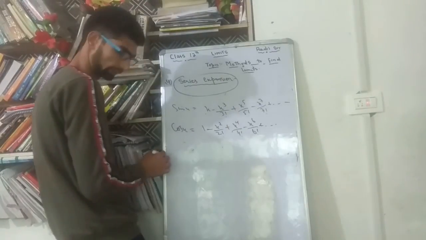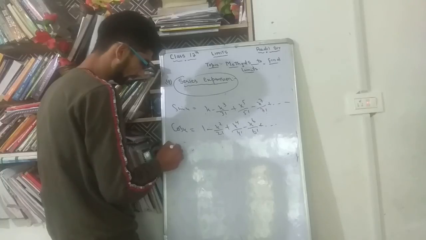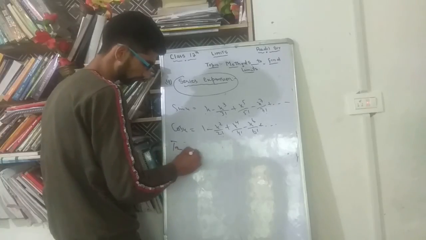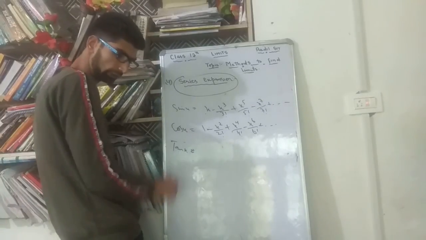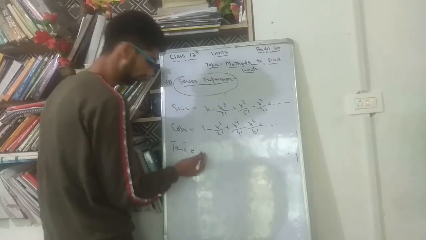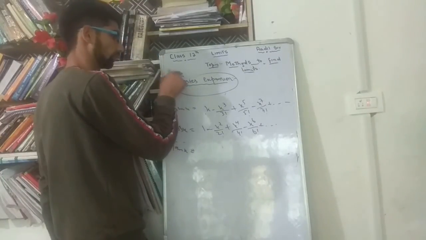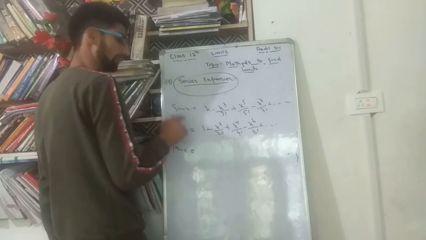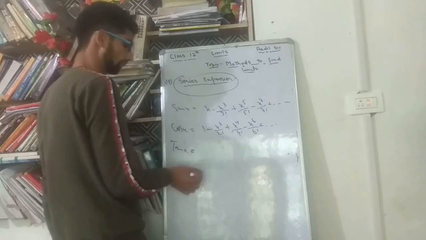This is the expansion of cos, and similarly for tan. You have to memorize them, note them in your notebooks, and if you are going to apply this series expansion method, then these things are most important.